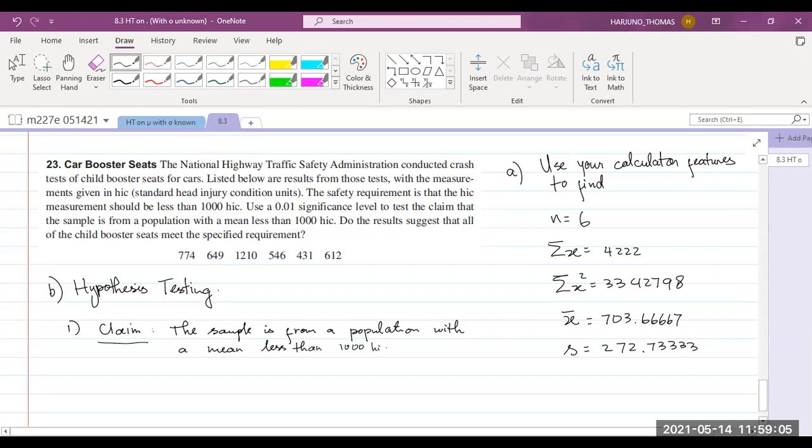Step 2, hypothesis. The claim is the alternate hypothesis, less than 1,000. So the null hypothesis is greater or equal to 1,000. This is the claim. And it is a left tail.